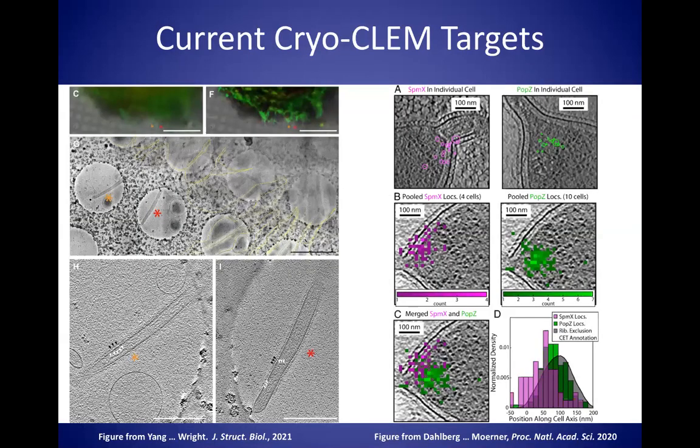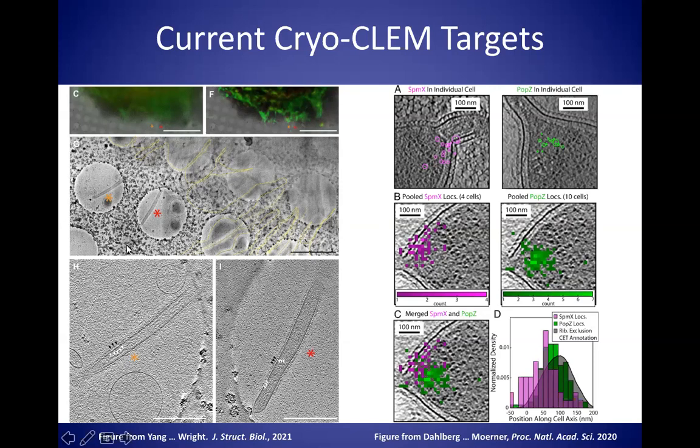So currently cryo-CLEM is used primarily as a method still of pointing the electron microscope. And this is well demonstrated in this paper from Elizabeth Wright's group just earlier this year. So here they're looking for fluorescently labeled viruses budding off of the eukaryotic cell. They look at these protrusions and they aim the TEM there, and they take a micrograph.